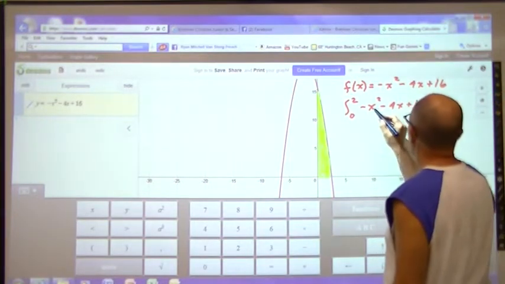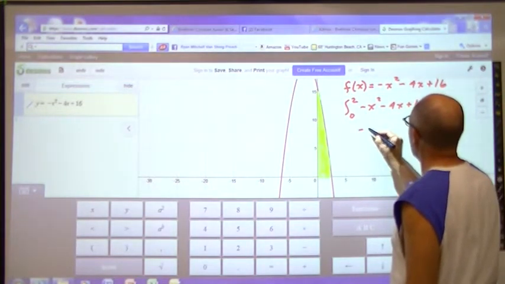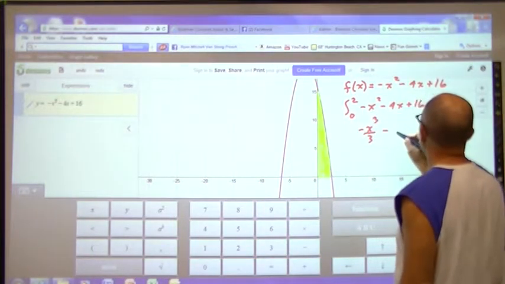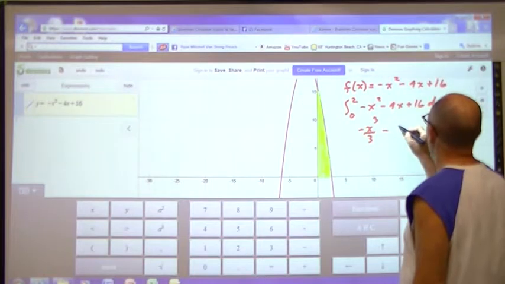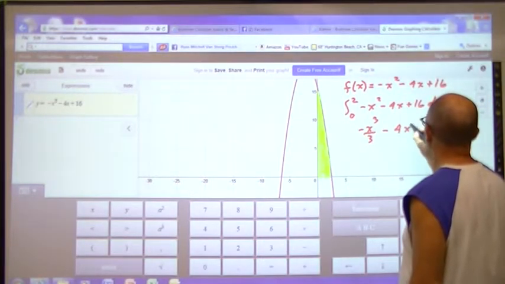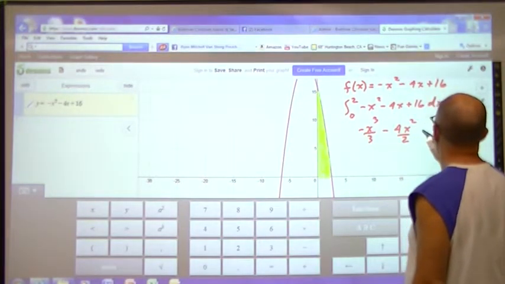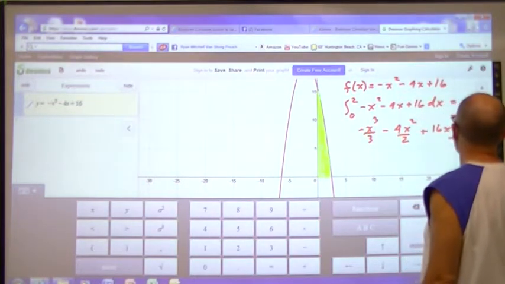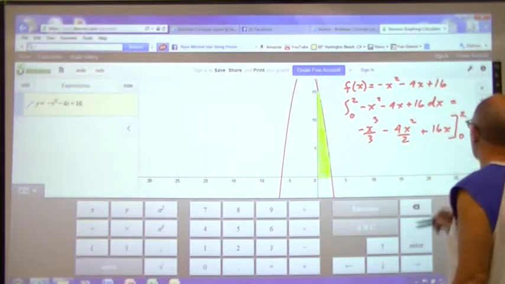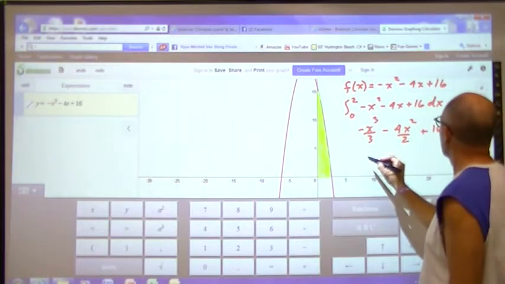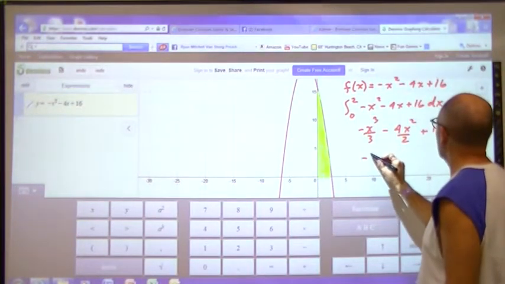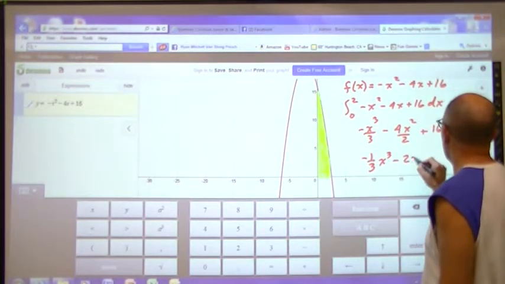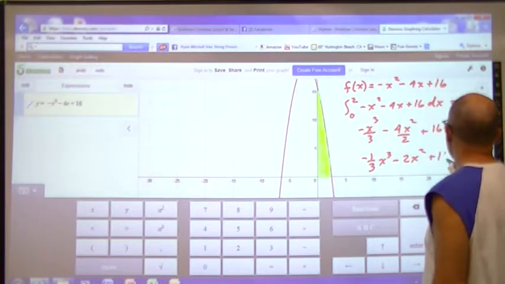So negative x squared becomes negative x cubed over 3, minus 4x squared over 2, plus 16x, from 0 to 2. So this equals negative 1/3 x cubed minus 2x squared plus 16x from 0 to 2.